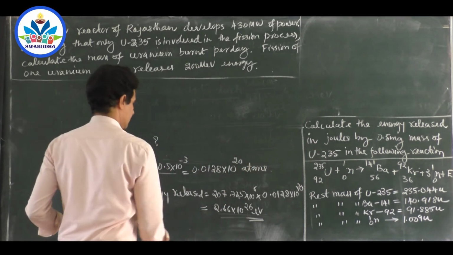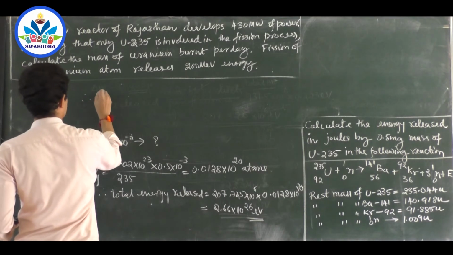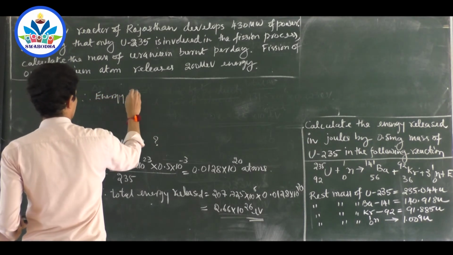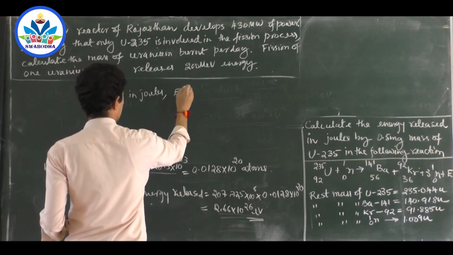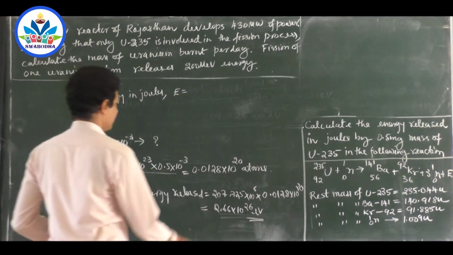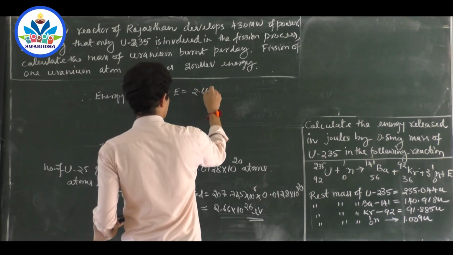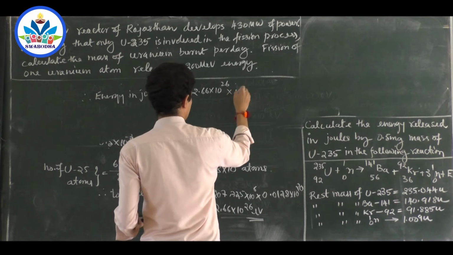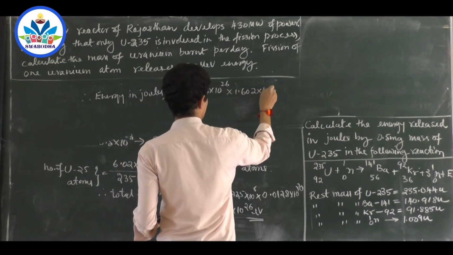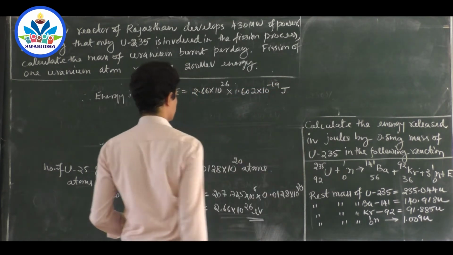Therefore, energy in joules is equal to 2.66 into 10 to the power 26 electron volt into 1.602 into 10 to the power minus 19, so many joules.